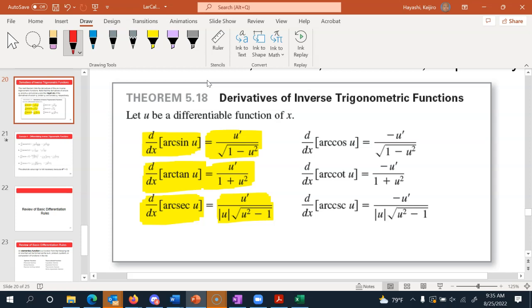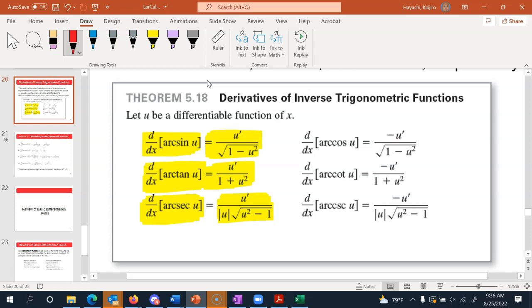And so this is in terms of u, meaning that these formulas will work even when there is a separate function inside of the arcsine. So even if you have arcsine of 2x or arcsine of 3x to the fifth, you just take the derivative of that inside part, that's that u prime, and slap it on there. So it's got the chain rule sort of baked into it already.